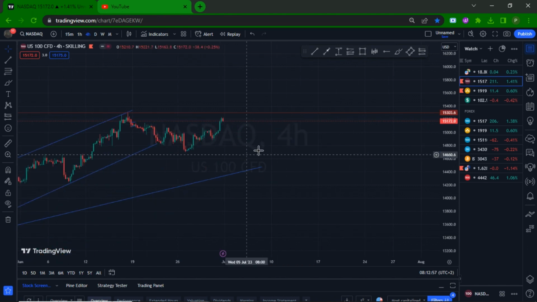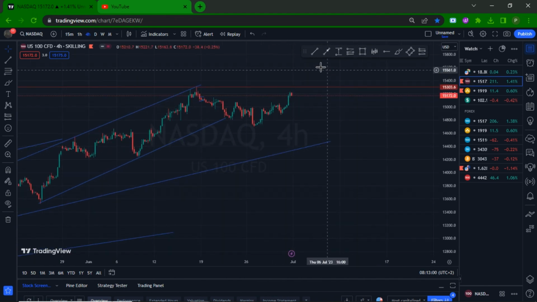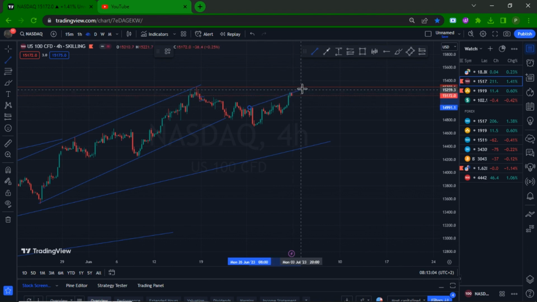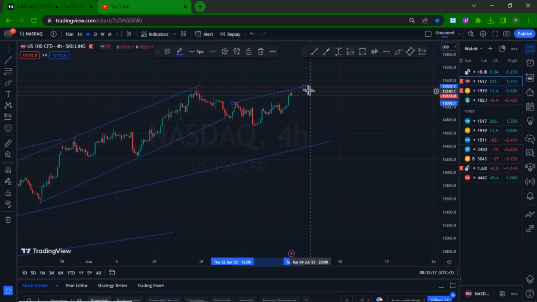So here, what we can say is we can perhaps put our trend line something like this, and anticipate that it could be like this again, and anticipate that it's a break of channel and then formation of another channel, right?